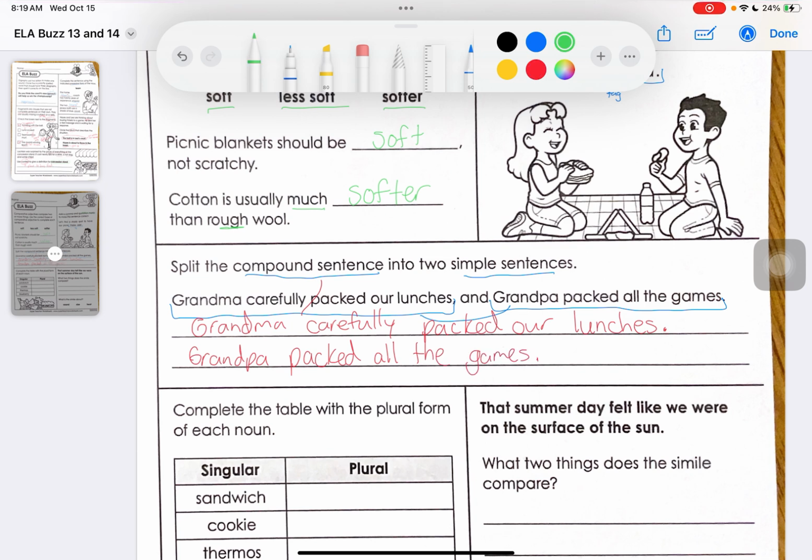Now, we are going to be learning very, very soon about this, you see comma and, this is called a coordinating conjunction, or a fanboys. And we will be learning about them in class and how to use them to connect two sentences together.